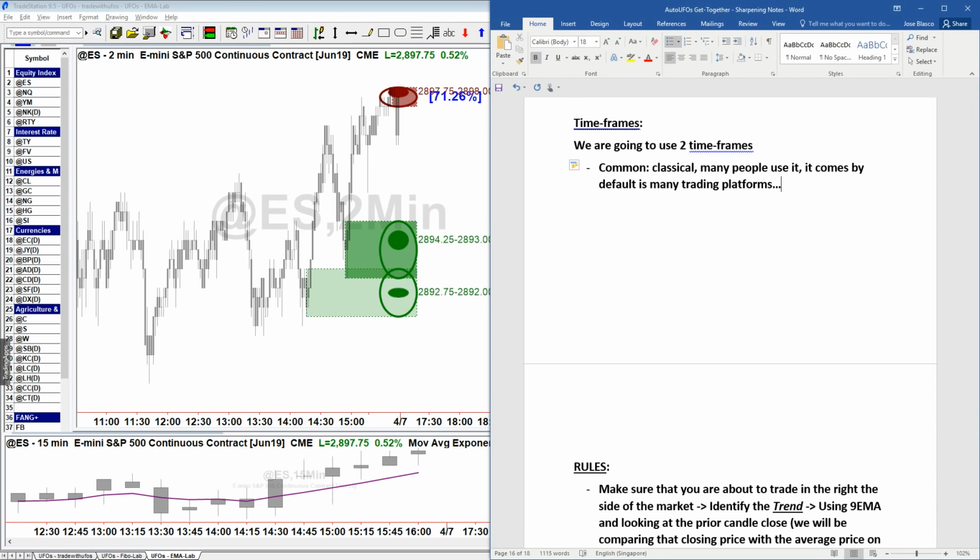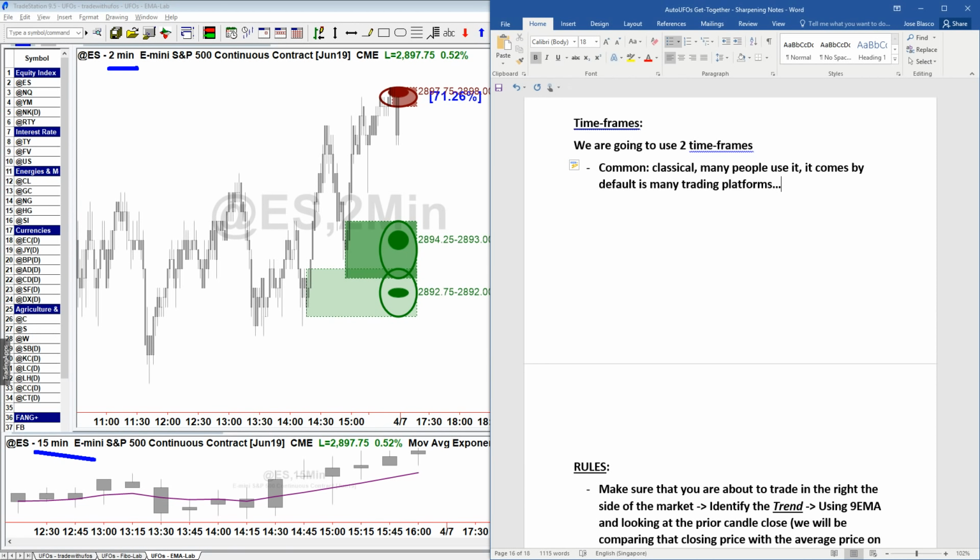And why? Because again, trading is a competition game. So you need to anticipate what our competition is doing, what others are doing, okay? In this example that I have on the left, where below I'm using the 15-minute time frame of the S&P, and above I'm using the 2-minute time frame of the ES, the common time frame is the 15.